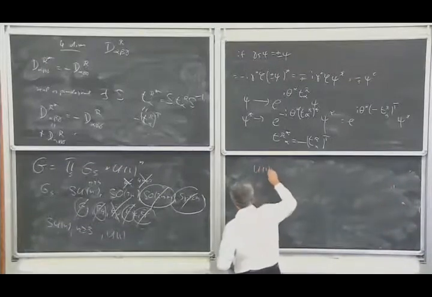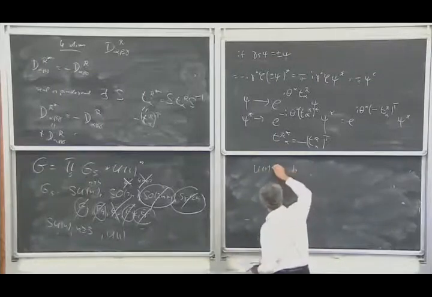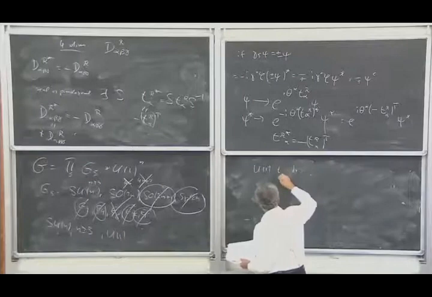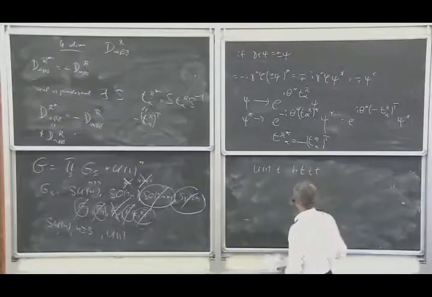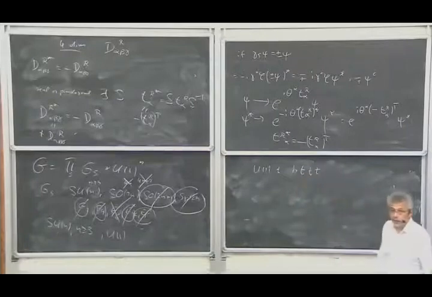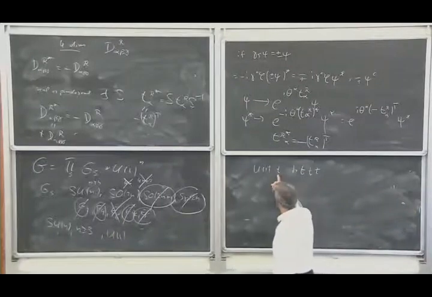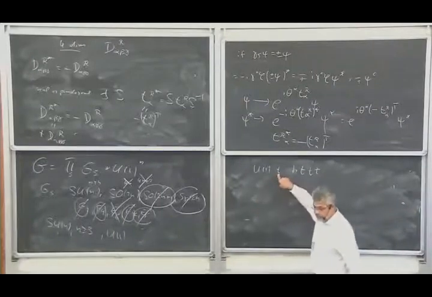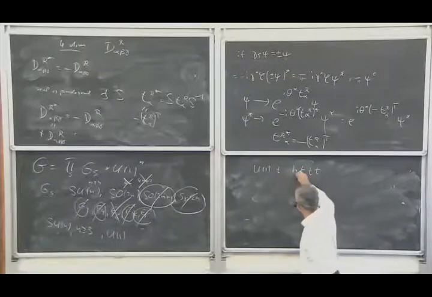For U(1), well, the generators are just abelian, so there's just a single generator T, no alpha, and then we have trace T, T, T. The eigenvalue of T, usually we call it the charge. We write Q. Now the irreducible representations for an abelian group are of course one-dimensional, but in general this does not need to be an irreducible representation.